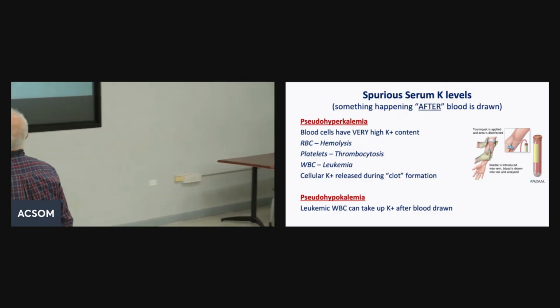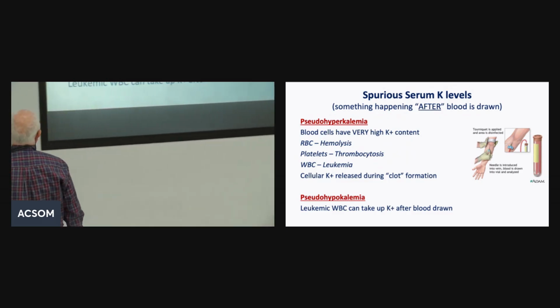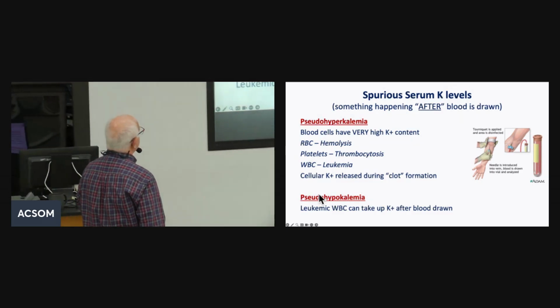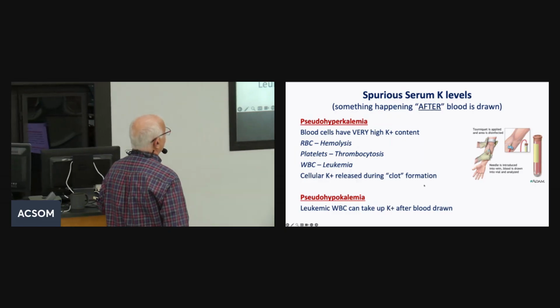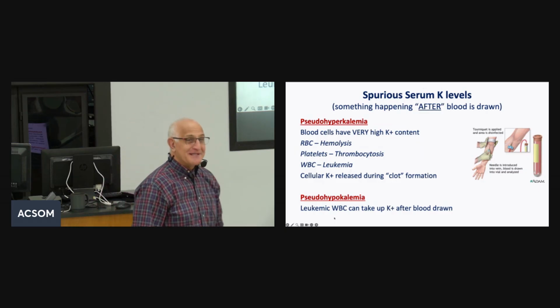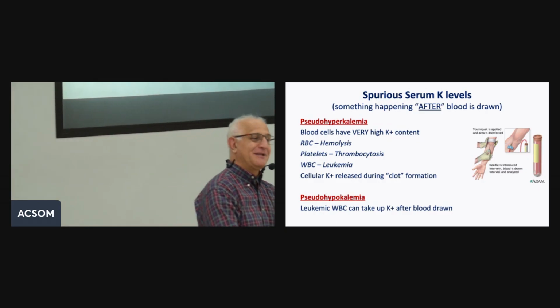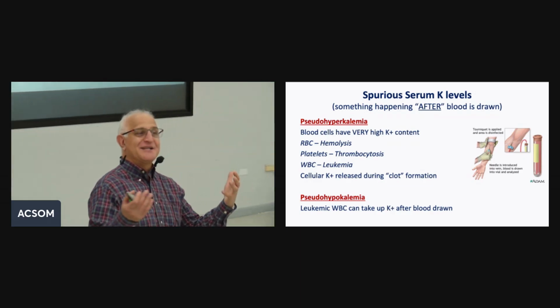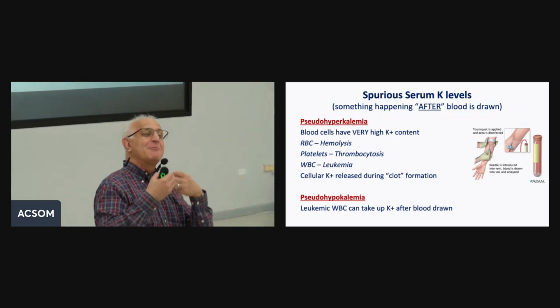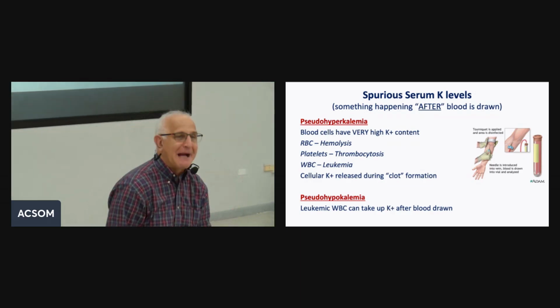So if somebody has thrombocytosis or leukemia, cellular potassium release during clot formation will give you a spurious serum potassium level. Interestingly, WBCs can also absorb potassium. So if you are putting the serum out and there is enough time for the WBCs, they might start absorbing it back.